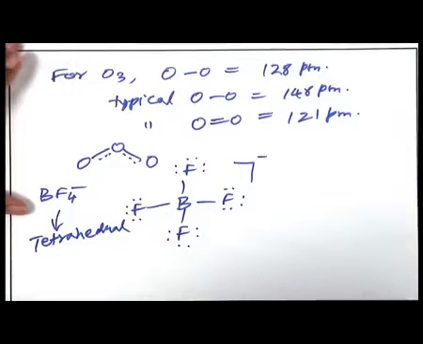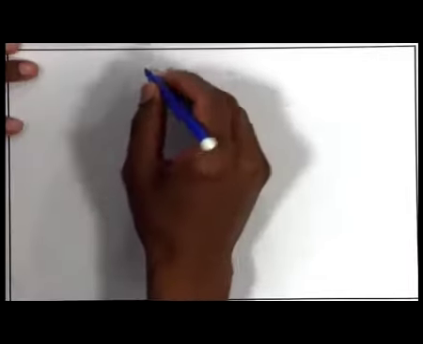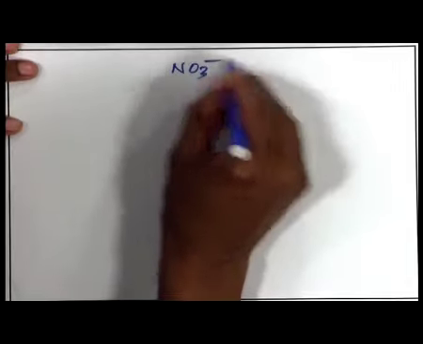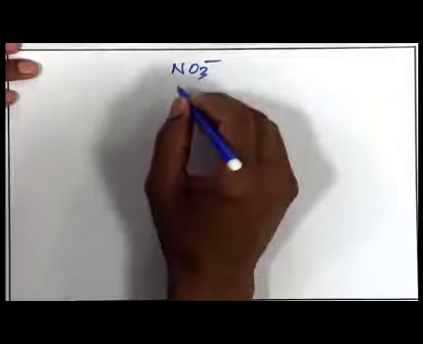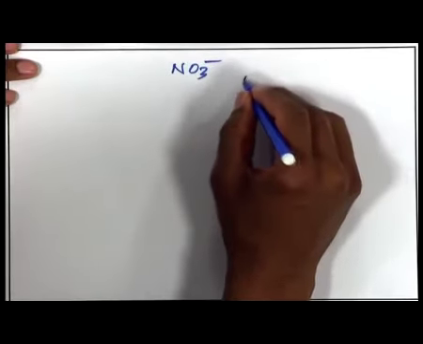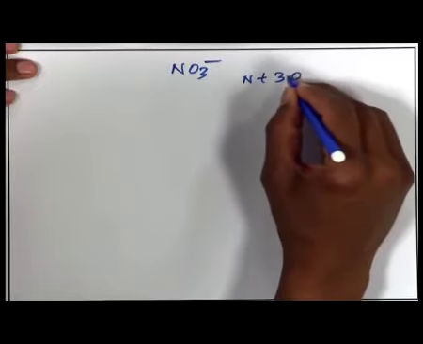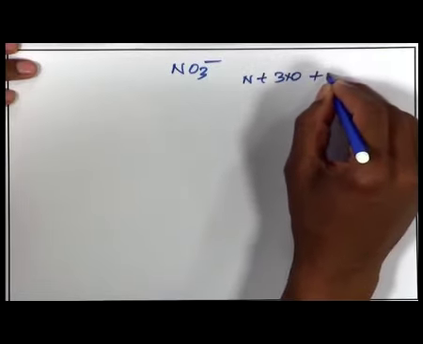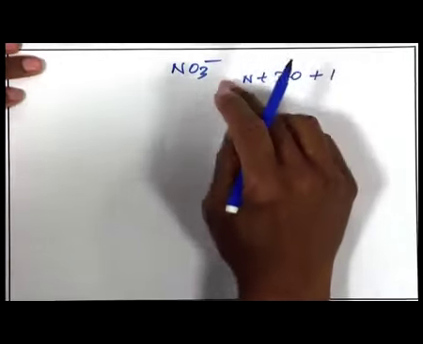So, resonance structures we can also see with more examples. For example, what is the Lewis dot structure for NO3 minus? As usual, you can calculate the number of valence electrons: N plus 3 into O, plus 1 for the minus charge.